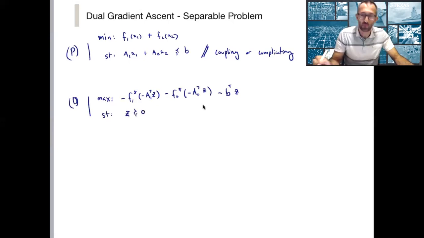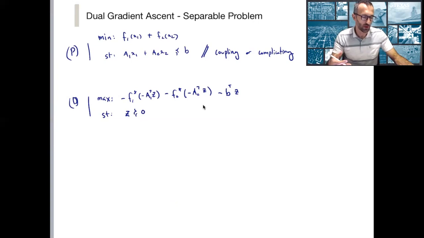Again, it's very helpful to think back, at least for intuition, to linear programming. If I have equality constraints, like I did on the previous slide, then my variable is unconstrained. Here I have an inequality constraint, and so we expect my dual variable should be constrained.